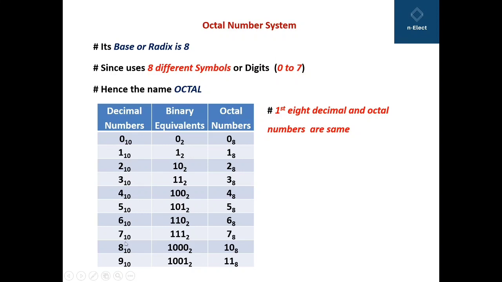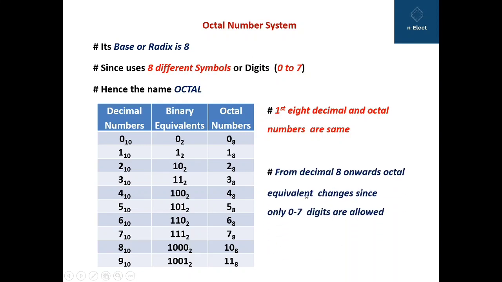But from 8 onwards, the octal equivalent changes. The octal equivalent becomes 10, right? So the octal equivalent changes since only the digits 0 to 7 are allowed in the octal number system. That is, only 8 digits are allowed in the octal number system.